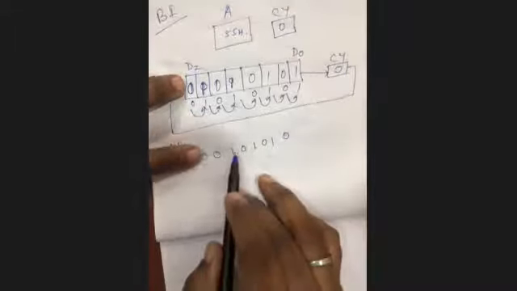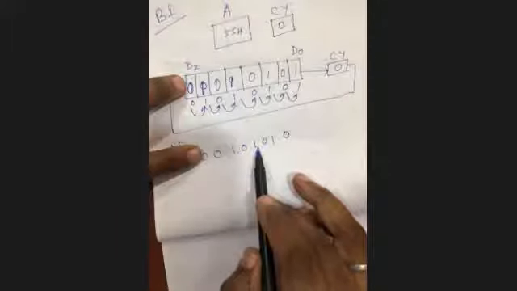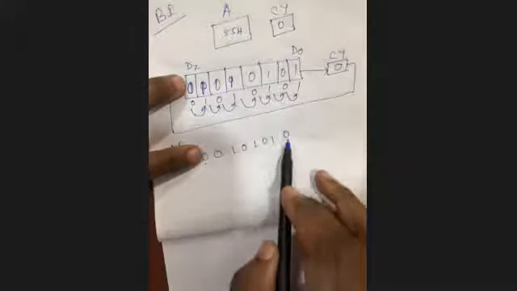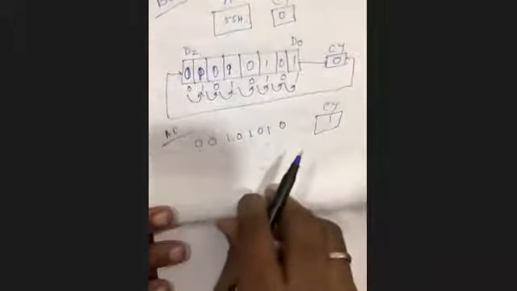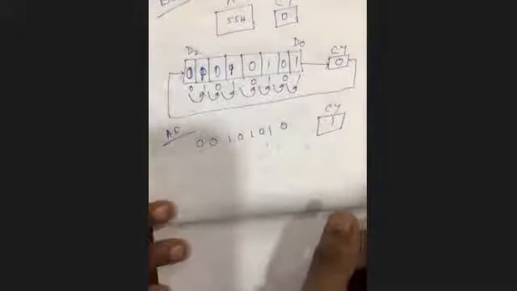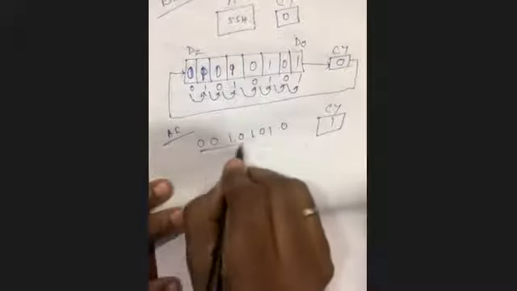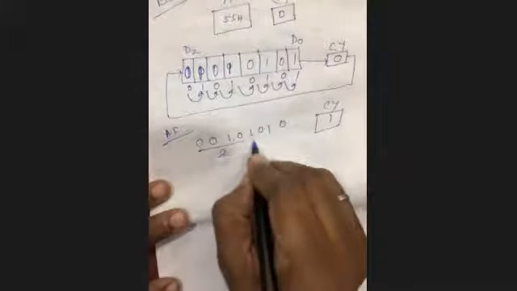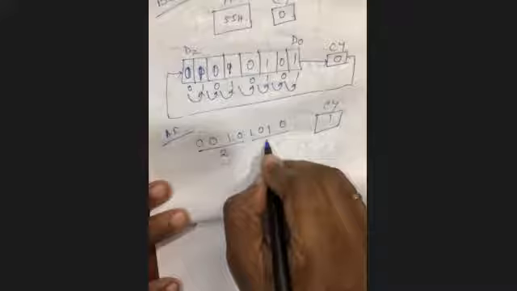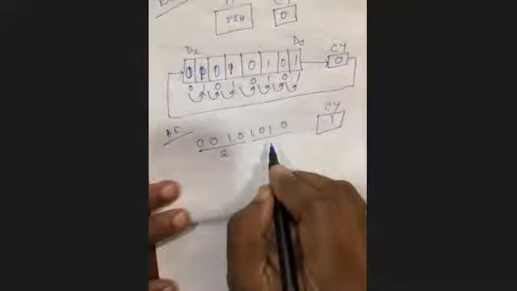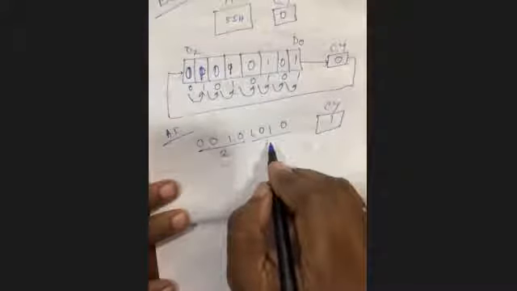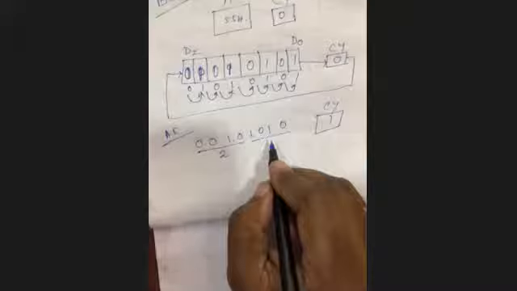So 0 0 1 0 1 0 1 0, and the carry flag will be 1. Is it clear, everyone? Yes, sir. So what will be the data? This is 2, and this is 1010 in hexadecimal, which is A, not 10A.